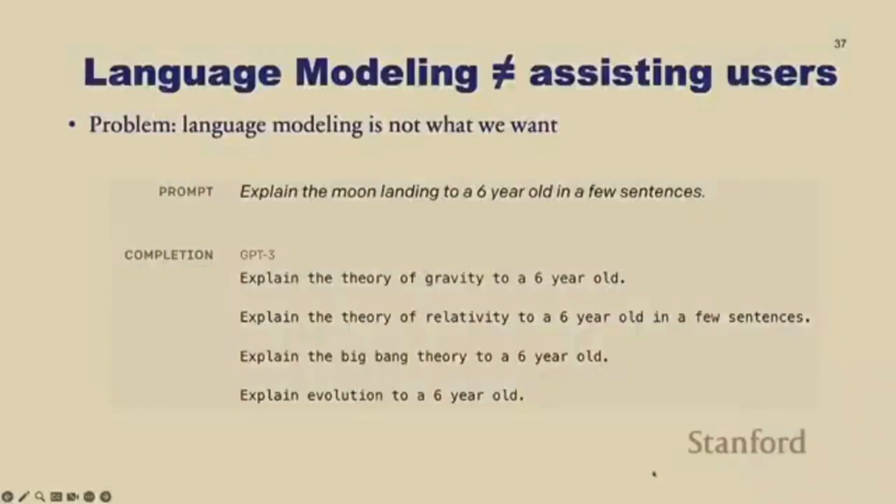For example, if you ask GPT-3, which is a pure language model, not an aligned one, a question like, explain the moon landing to a 6-year-old, the conclusion that you would get is something like, explain the theory of gravity to a 6-year-old. Because what it learned is that on internet, if you have one question, you usually have maybe another bullet point of other similar questions. You don't usually have a question and an answer later. This is not what you want from an AI assistant.